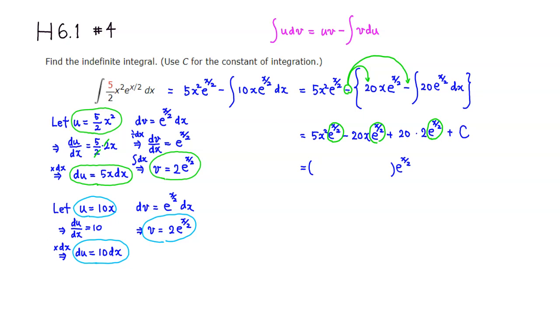Here you have 5x squared, so I put that there. Then you have minus 20x, and then we have 40.